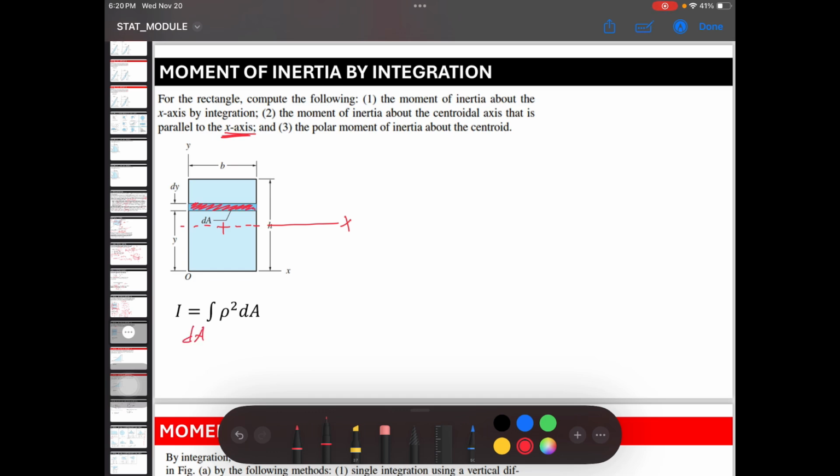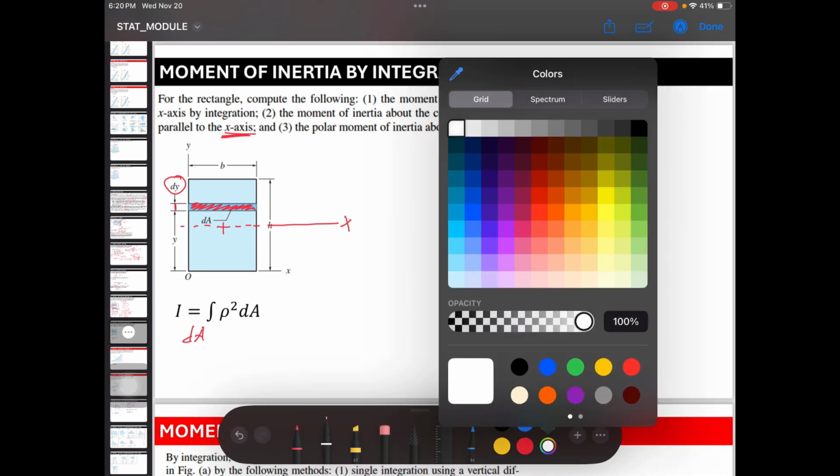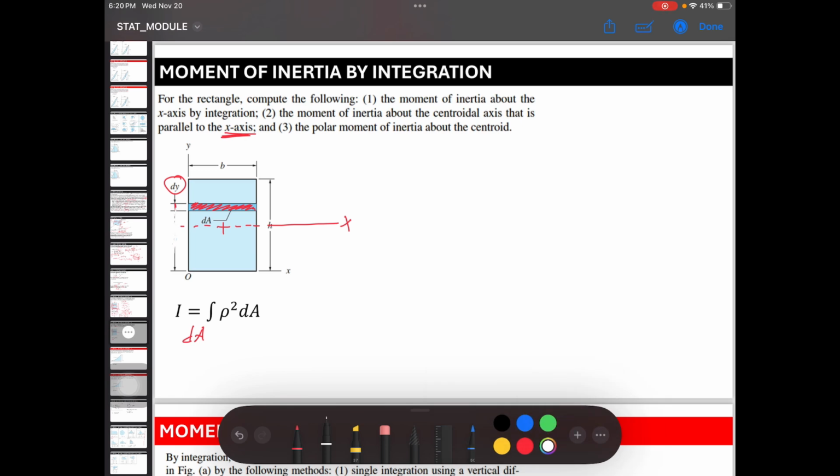So, ano ang magiging dA natin? Our dA has differential thickness na dy, dy siya kasi parallel sa y. I-erase natin itong isa. Ay, h will remain h.